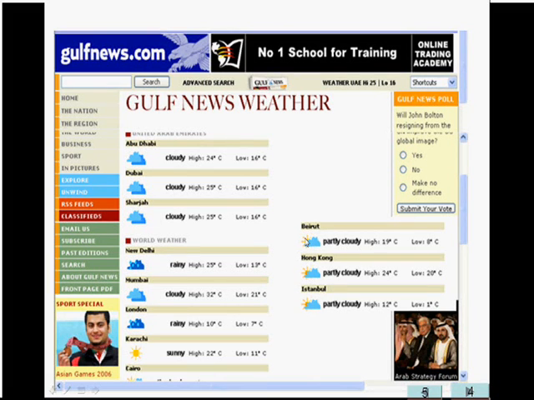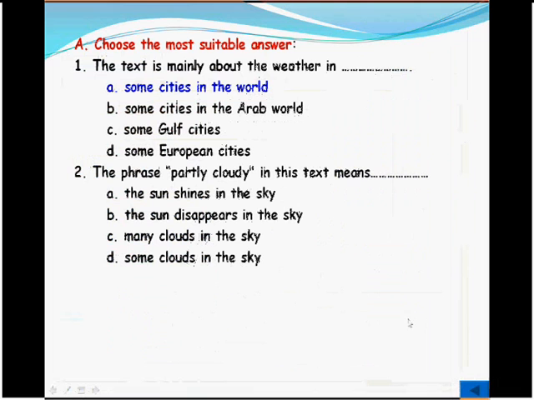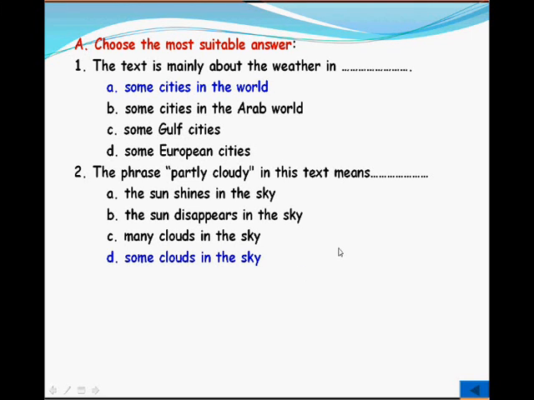We can see the sun, but of course not as bright as it should be. So what is the meaning now of partly cloudy? Excellent. Some clouds in the sky.